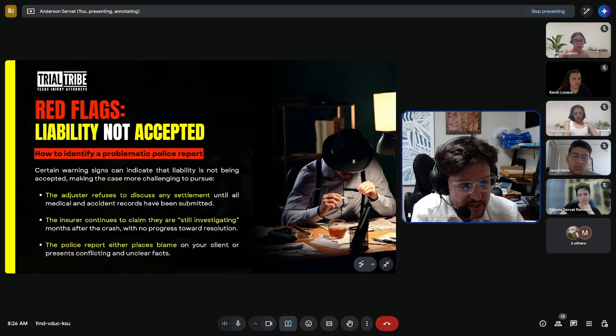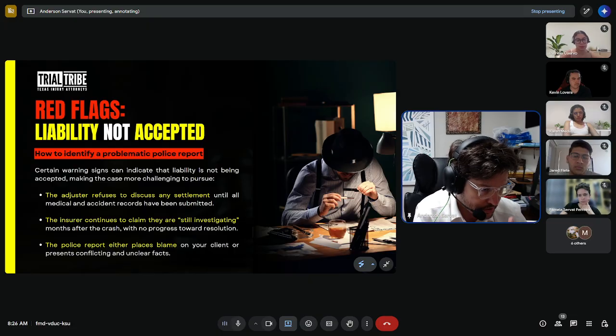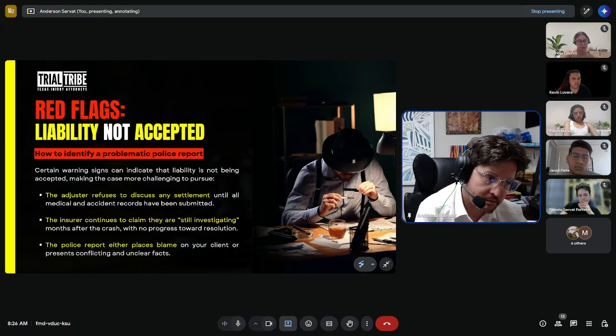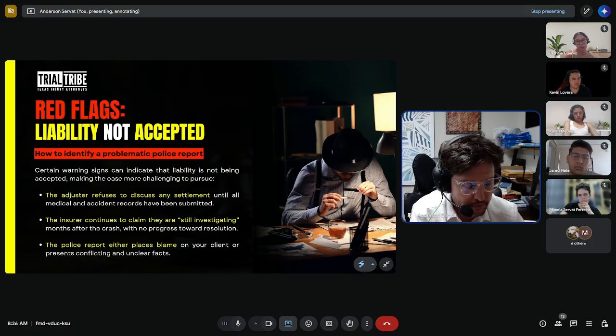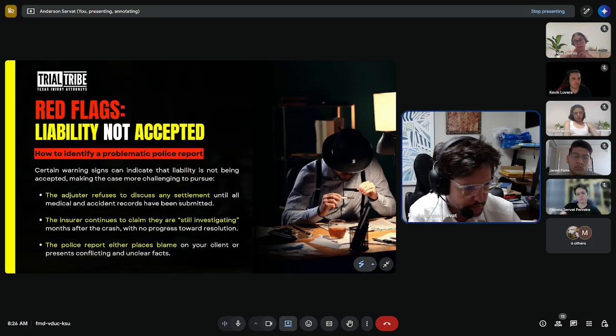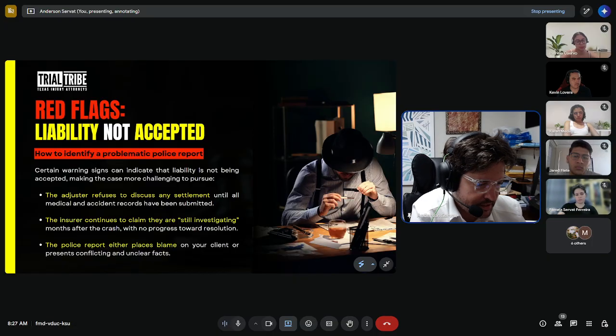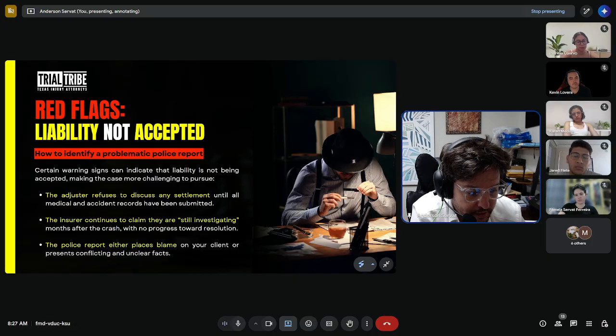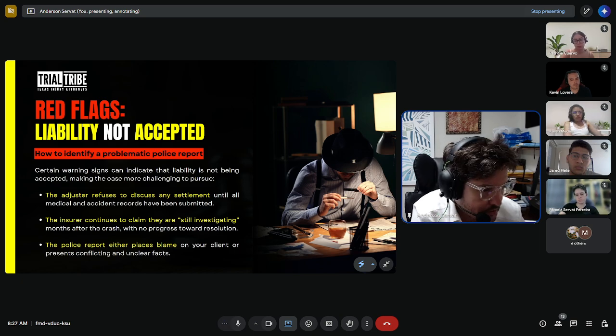The police report is very important because it gives a lot of context about what's happening, but it's not the only source. Also, if we have a police report that puts our client at fault, but we have a witness who goes against the police report, against the police officer, we can file a lawsuit with this information. It's not something that is going to kill the case. It's something to think about and analyze whether it's worth it or not, because lawsuits cost a lot.